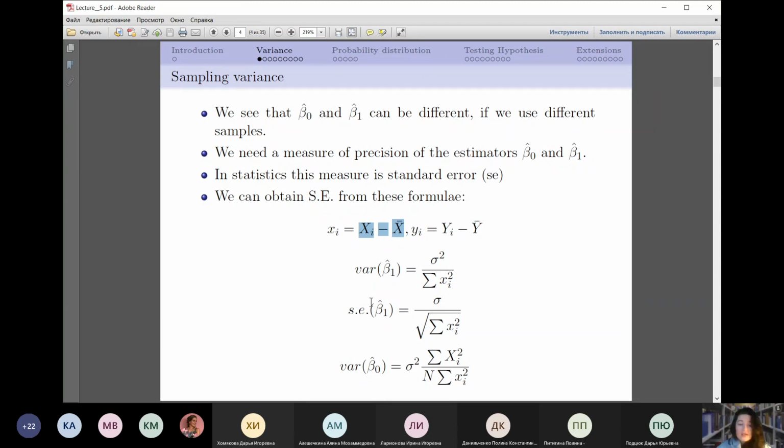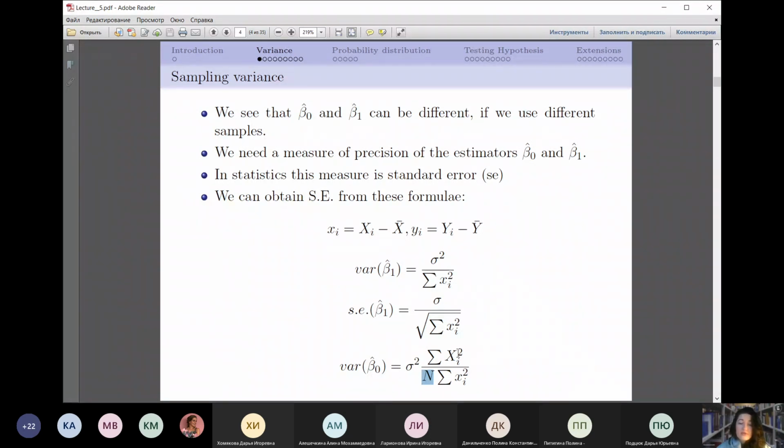The standard error is just the square root of the variance. The variance of the intercept looks pretty much like the variance of the slope, but we adjust for the number of observations in the denominator, and we also add in the numerator the squared observed values of x.